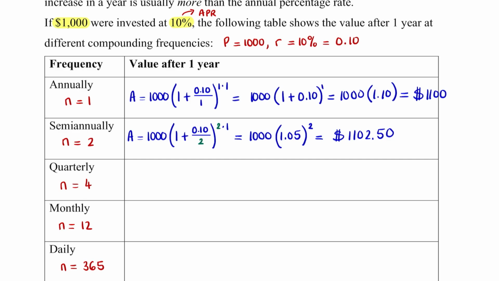So notice that when compounding twice a year, compared with compounding once a year, I get higher interest. Even though they both are 10% APR, the more compounding I have, the more interest I earn.